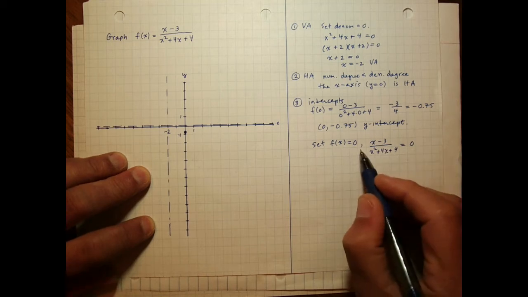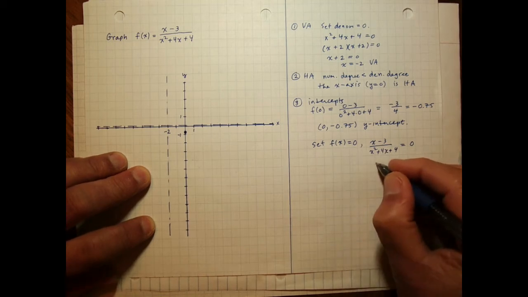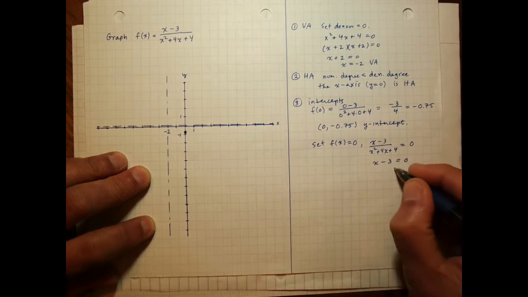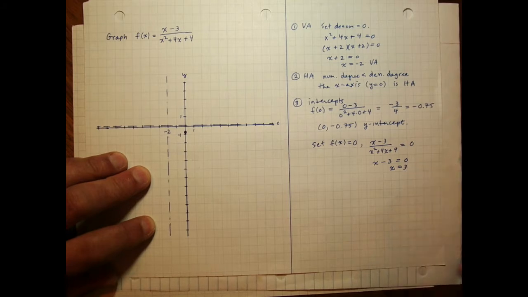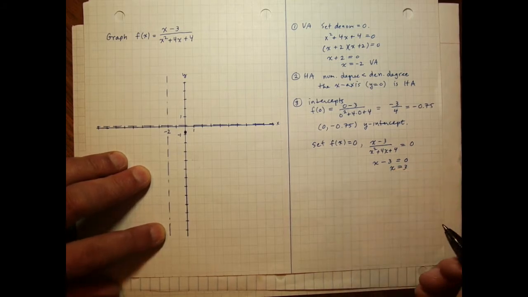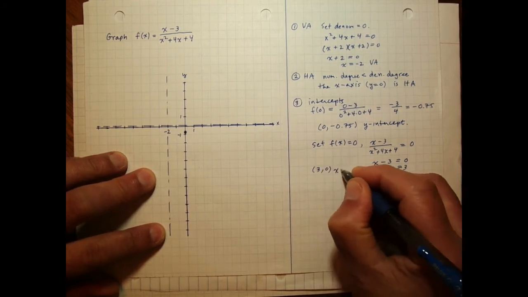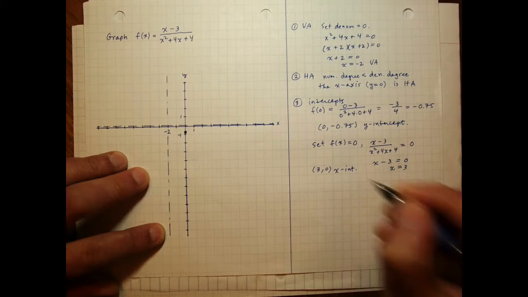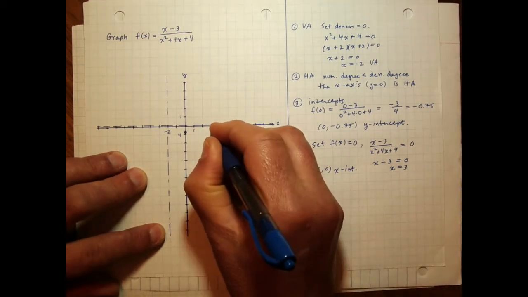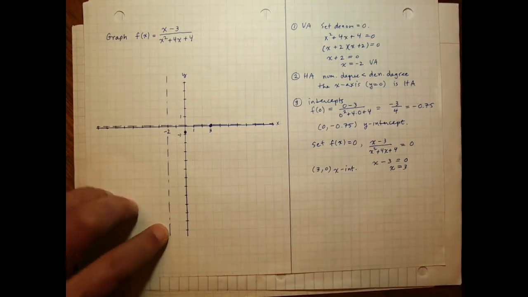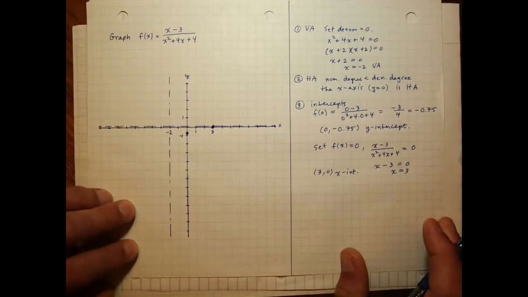Or you could multiply both sides by the denominator, and you end up with the numerator equal to 0. So we get x equals 3. And so (3, 0) is the x-intercept. 1, 2, 3, I have that point here.